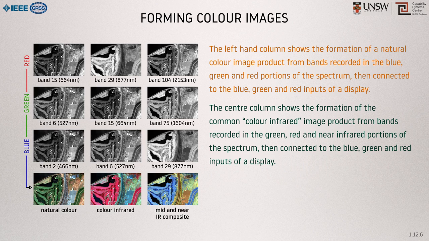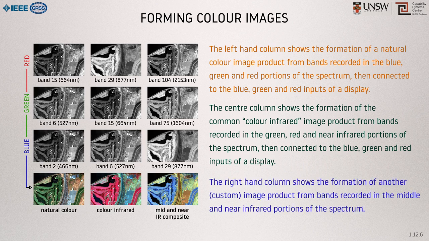Clear water generally displays as black. In the right-hand column, we show a colour image product made up from a set of infrared bands. As seen in the colour image, there is a fairly good differentiation of different cover types. Often an analyst will experiment with bands to display, guided by their knowledge of the spectral reflectance characteristics of the Earth's surface cover types of interest in a particular interpretation exercise.